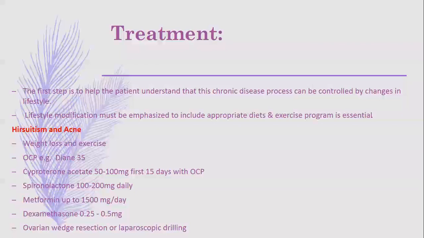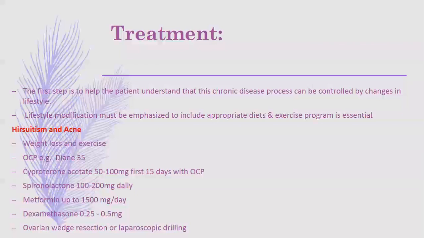We can give spironolactone 100 to 200 milligram daily. Metformin is not a treatment of hirsutism, but it helps in the treatment of patients who have insulin resistance, and we can give it together with the anti-androgenic drugs, at 500 milligram 3 times daily.